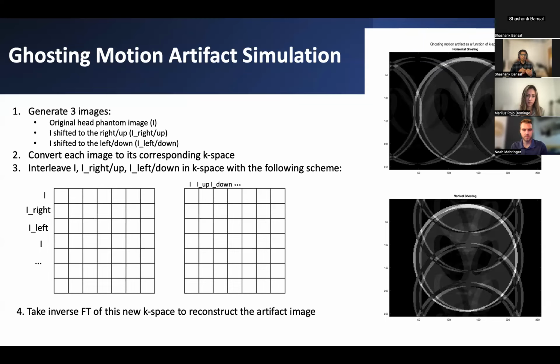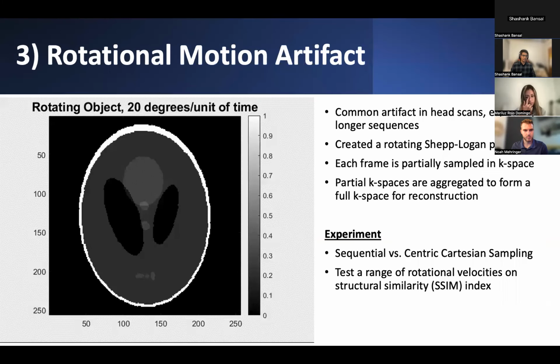We converted each of these images to their corresponding K-spaces, and finally we interleaved them one over the other with the following scheme. As you can see, we took one row from each of the K-space images and interleaved them. The one on the left shows the horizontal ghosting, and the one on the right shows the vertical ghosting.